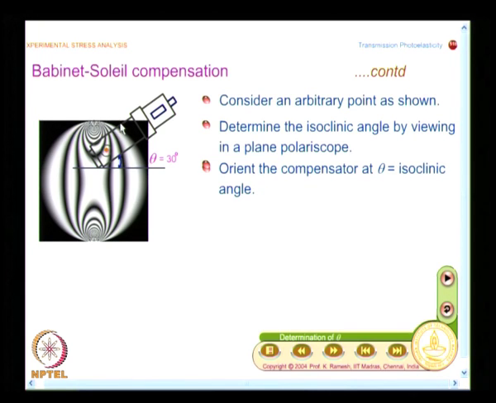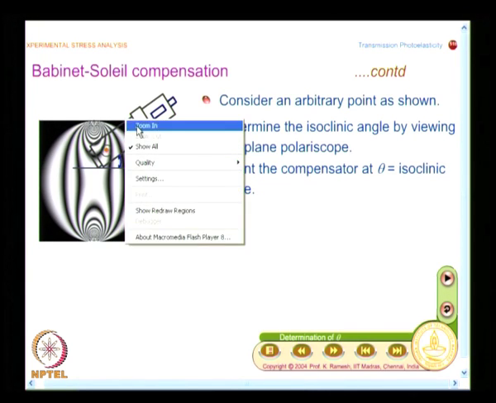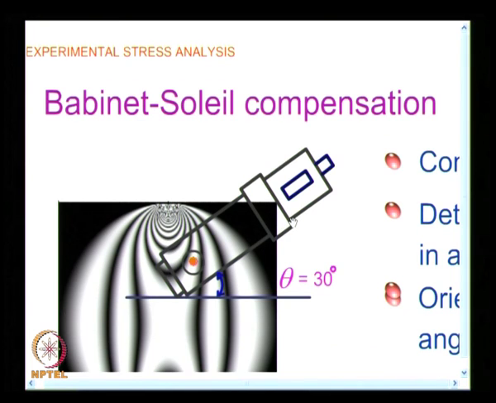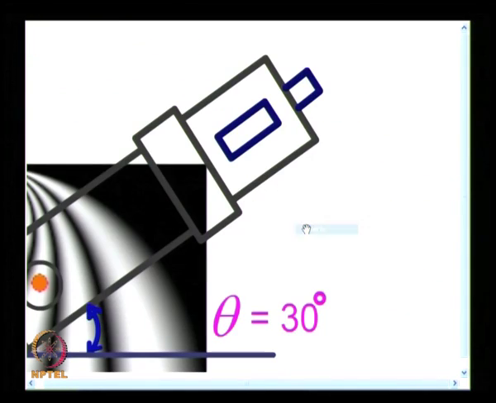So, that is what you see here. You see this very carefully, I have oriented this compensator axis at theta equal to 30°. This is where I use this, and I think you need to sketch this figure.